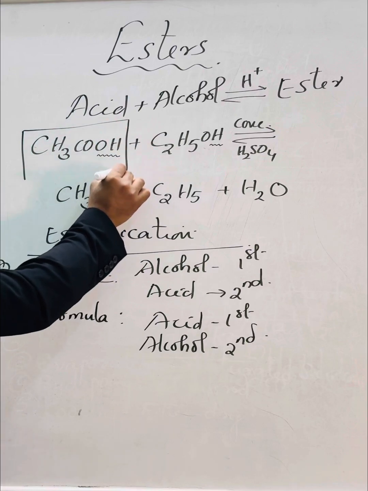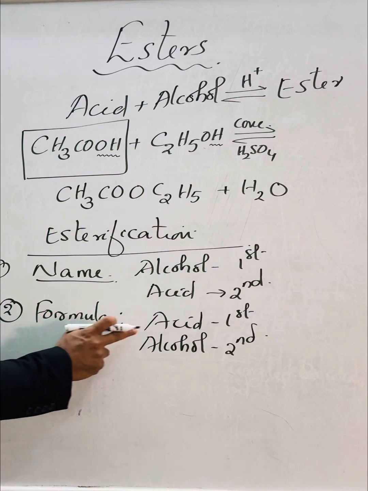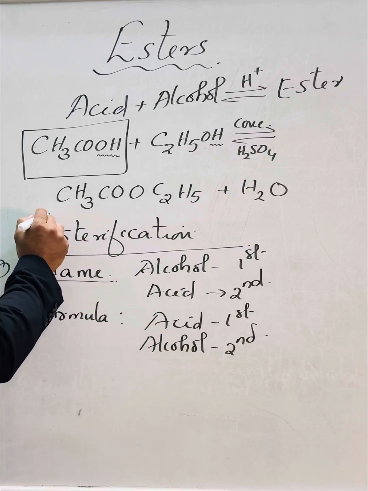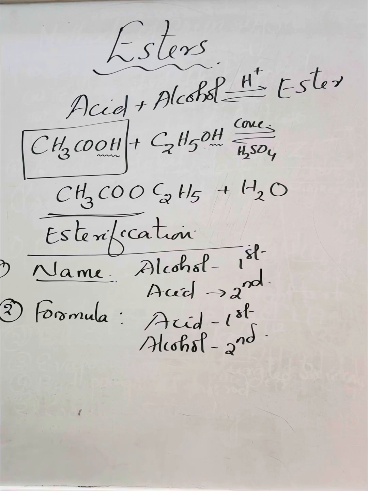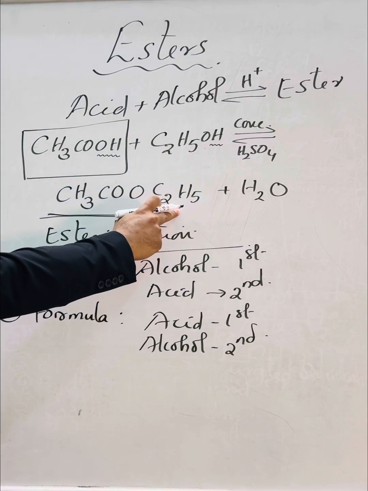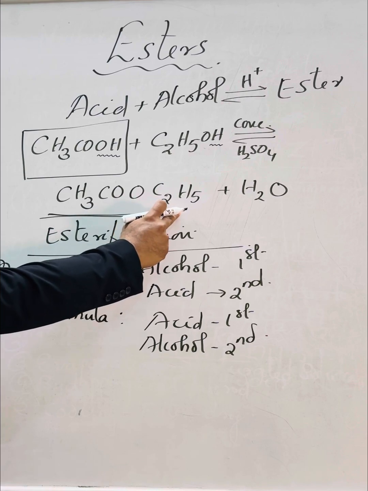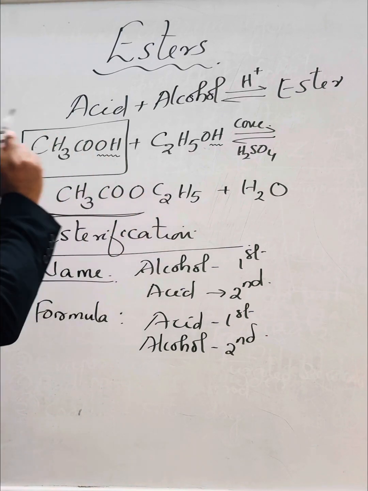Which acid is used? Ethanoic acid. When you are writing the formula, the acid part is the first part. Which alcohol did we use? Ethanol. In the formula, the alcohol part is second. But when you want to name it, you say the alcohol first.